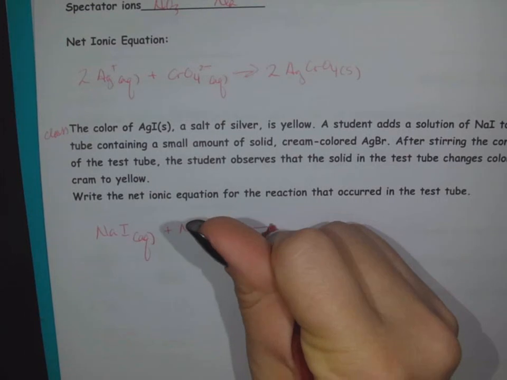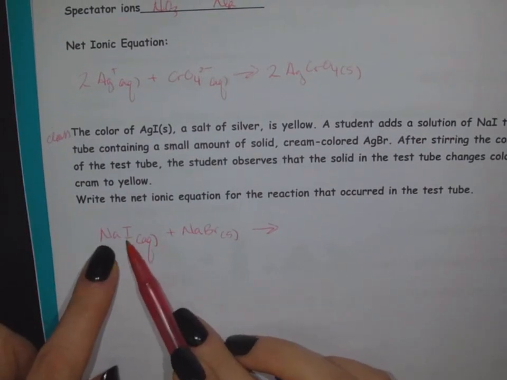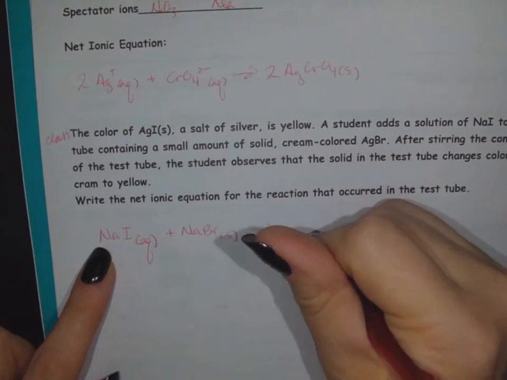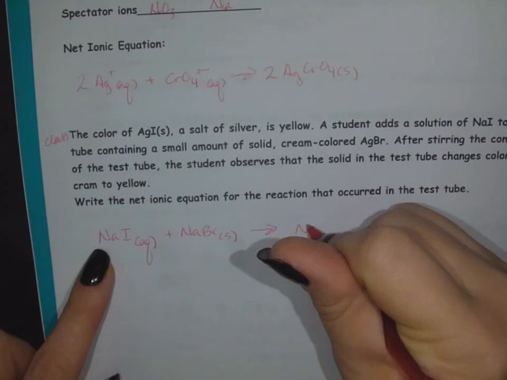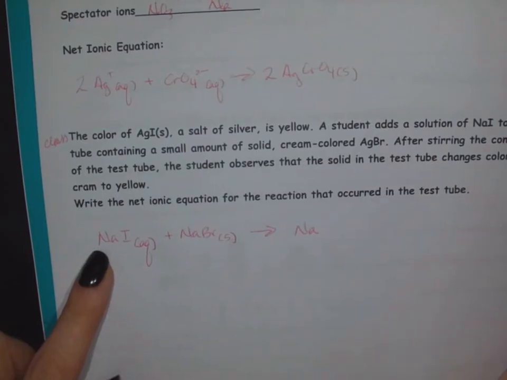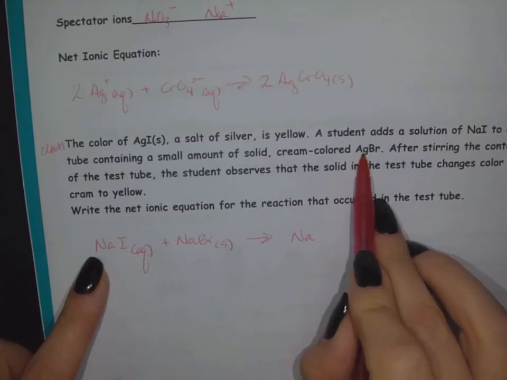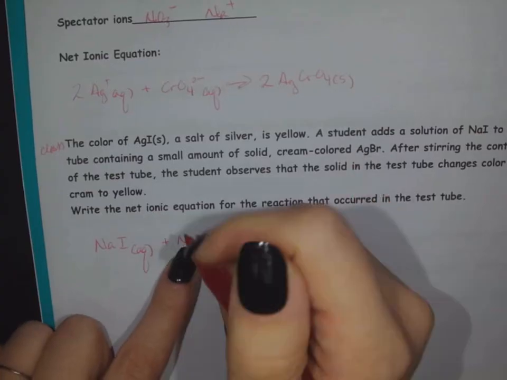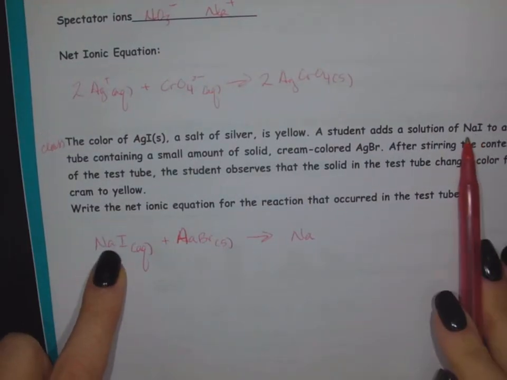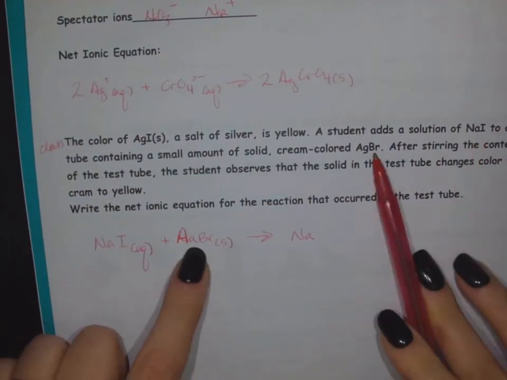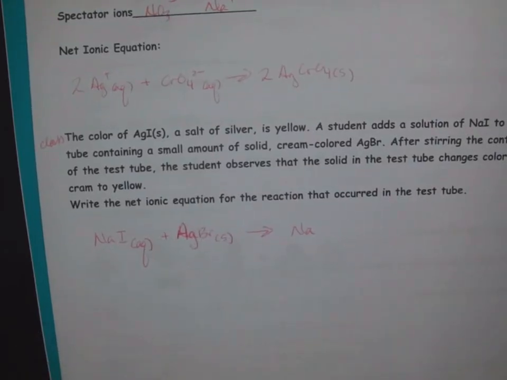Okay. I wrote sodium bromide, but this is supposed to be silver bromide. So we have sodium iodide with a small amount of silver bromide, AgBr, my bad.